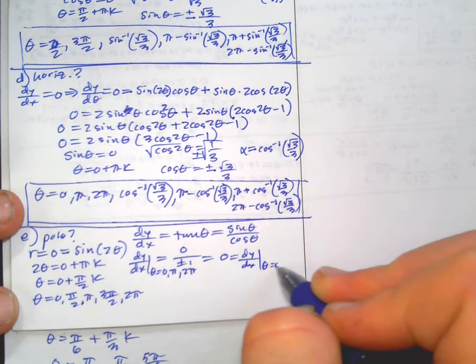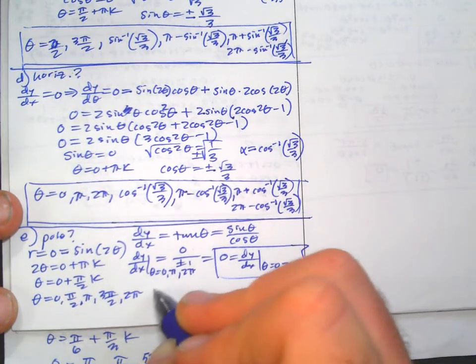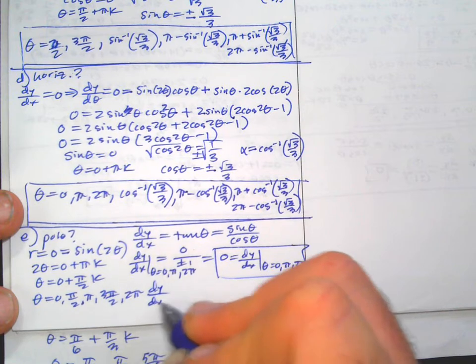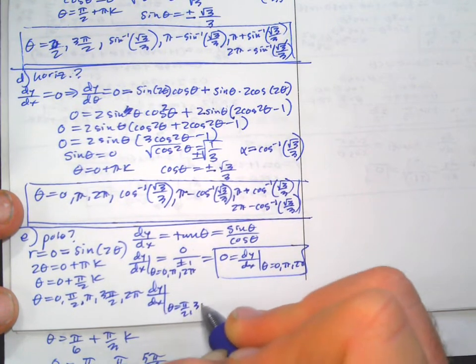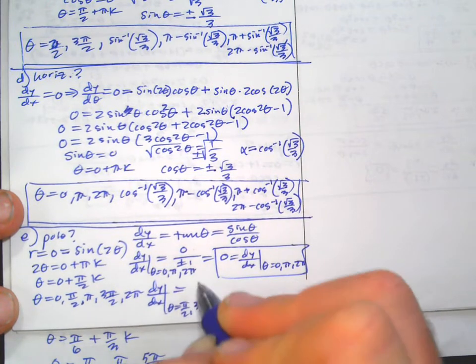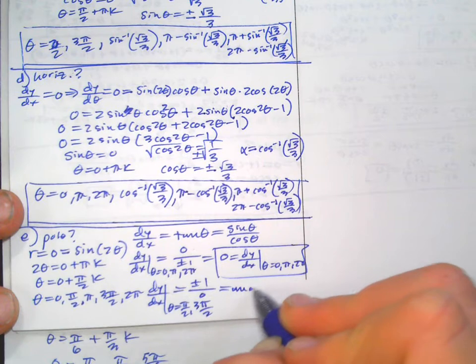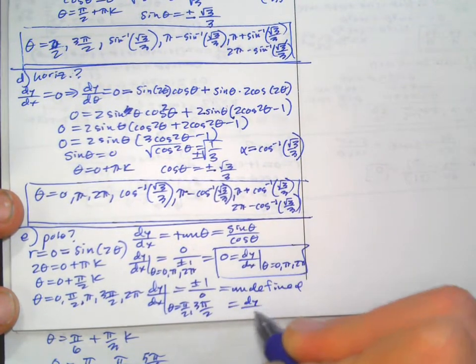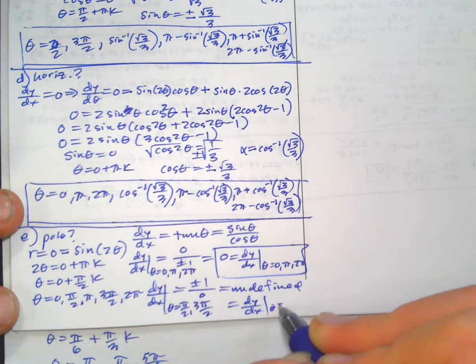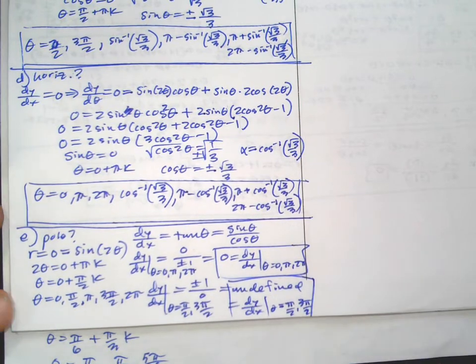So those 3 are going to be horizontal. And then the other ones are probably going to be the vertical ones. If you plug pi over 2 or 3 pi over 2 in, you're getting similar values. On the top, you're either getting plus or minus 1. On the bottom, you're getting 0 every time. So you're getting undefined. So there you go: pi over 2, 3 pi over 2.